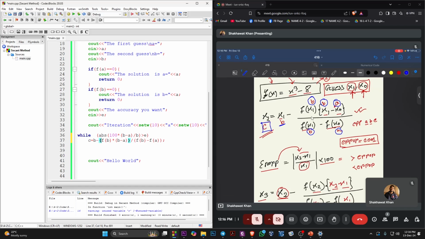I just write this expression here: B minus f of B into B minus A divided by f of B minus f of A. This expression, okay. So this is my C value, right?